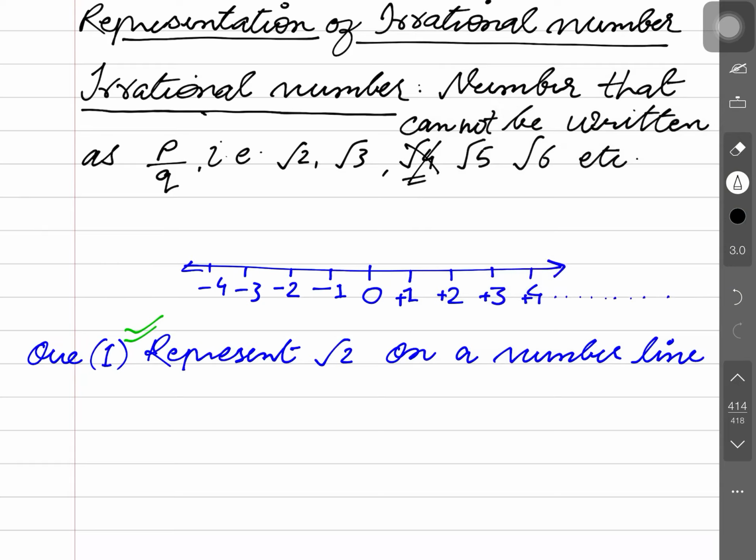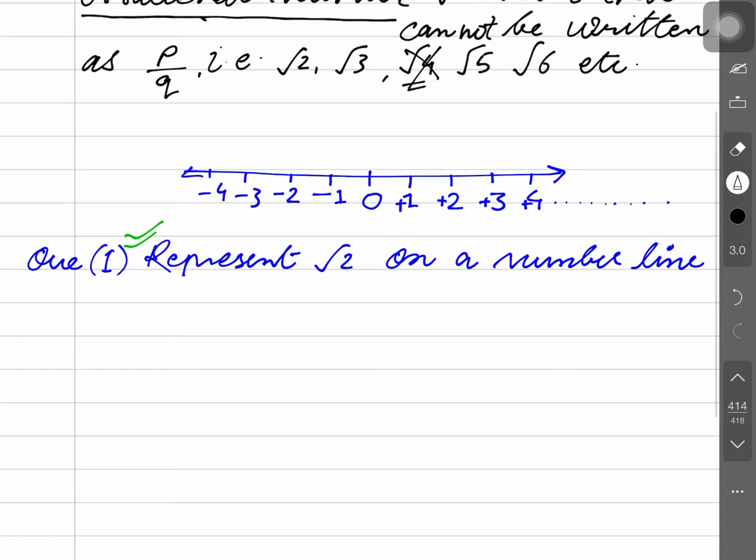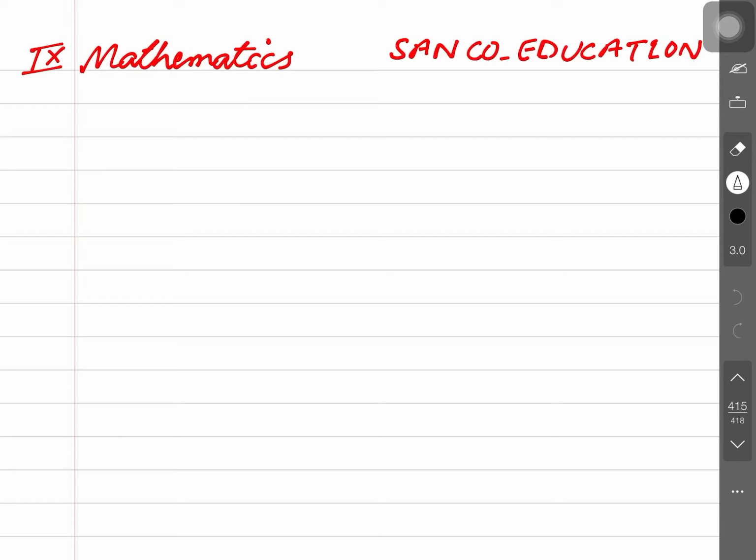Now, Pythagorean triplet. Before discussing this, I want to tell you what a Pythagorean triplet is. You will study it in detail in the next class, that is in 10th class, but here I am telling you about it. Pythagorean triplet: there is a triangle, and in this triangle the vertical line is said to be the perpendicular, and this is called the base.